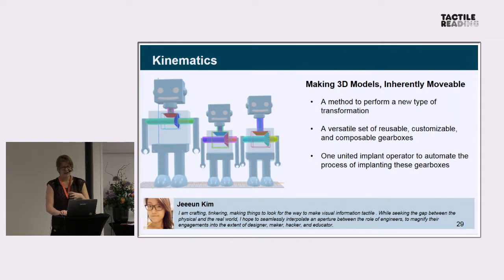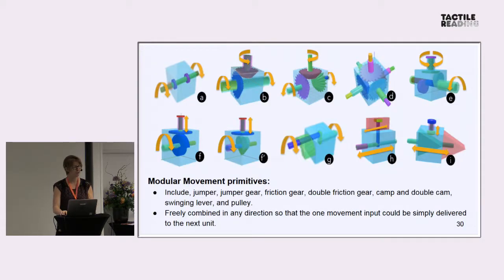We're also looking at how to create through code some really interesting modules that you can put into that can be printed. So in this case, we have a series of gearboxes that are pre-designed that you could just bring as a digital file and place them into an existing 3D model, and then make that model come alive with movement.